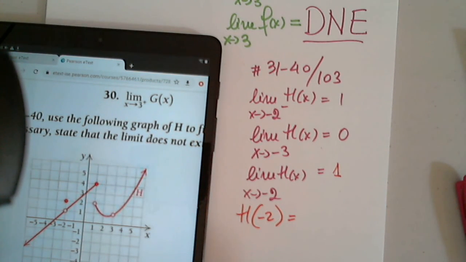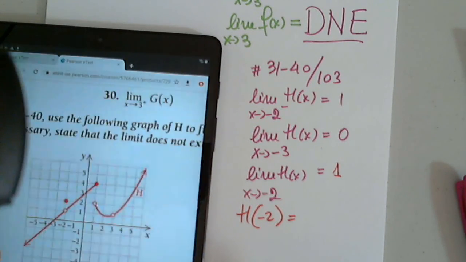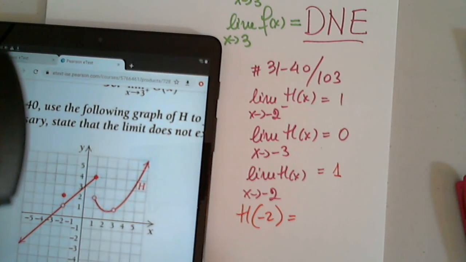Haber, what is the function value at -2? At -2, would it be 1? The function value, sorry, 2. Very good, which has nothing to do with the limit. Do we understand the difference between the two?